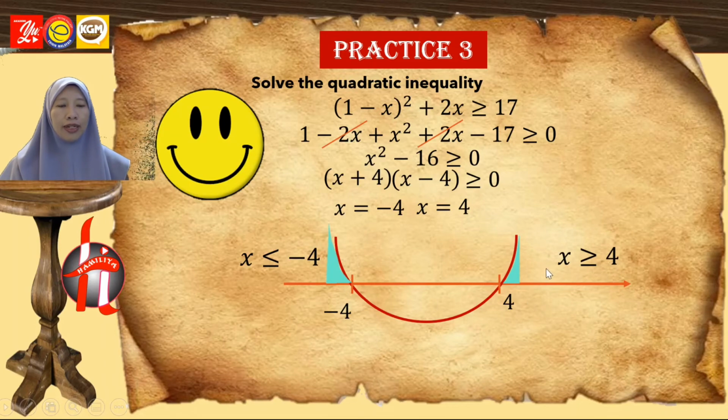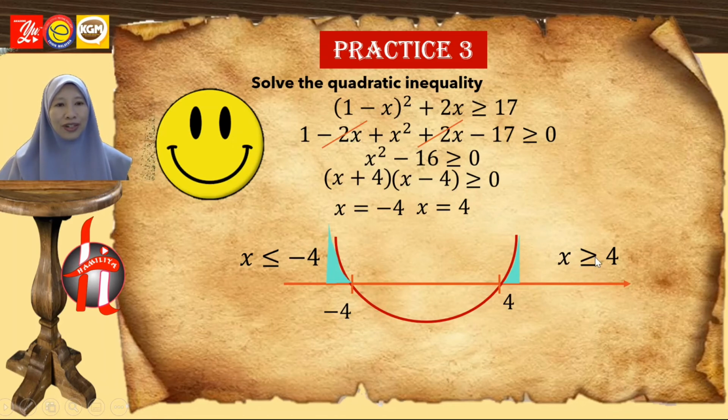X can be 4, 4.1, 4.2, 4.5, and so on. Okay, so this is our final answer. The solution for this inequality are x is less than or equal to -4, or x is greater than or equal to 4.